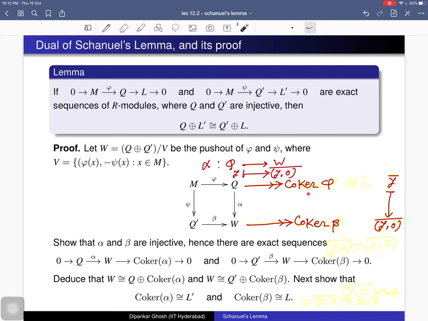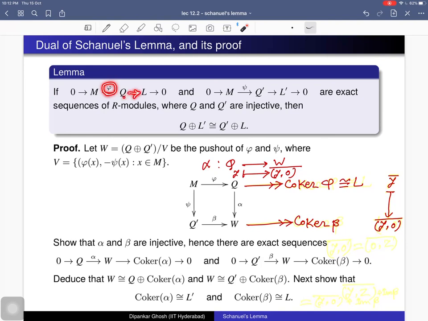We will prove that this map is an isomorphism, and once we prove this, then we can see that co-kernel of phi is isomorphic to L. Why? Because we have this short exact sequence, and co-kernel of phi is just Q modulo image of phi, and image of phi is the same as kernel of this map.